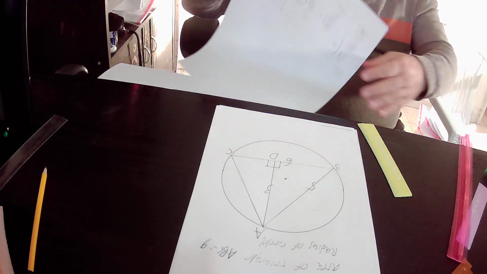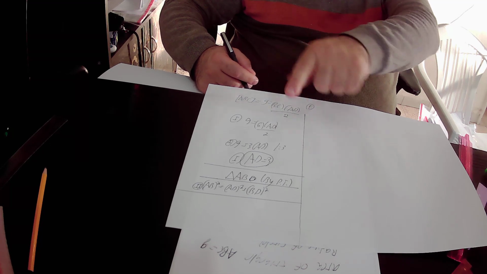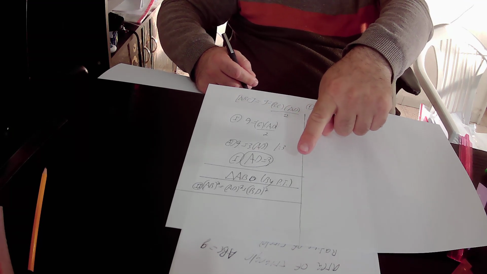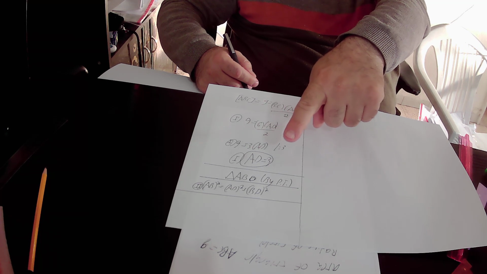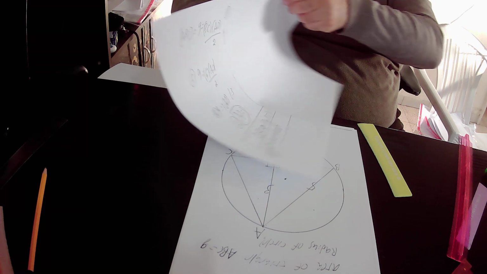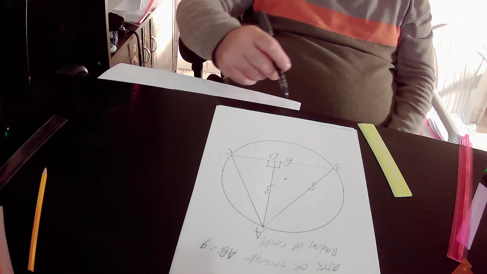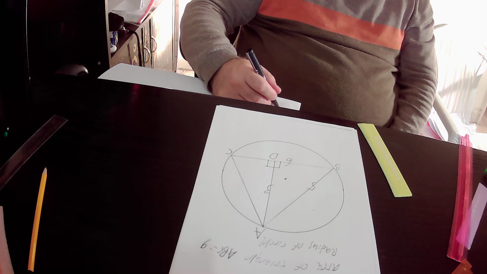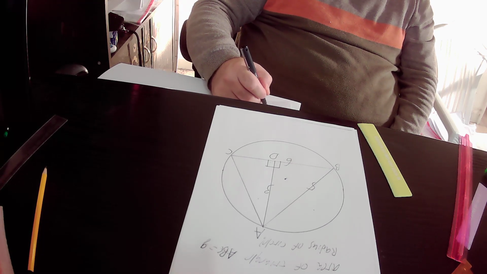I repeat again. In the right triangle ABD, according to the Pythagoras theorem, AB squared equals AD squared plus BD squared. So here AB equals 5, therefore AB squared is 5 squared, that is 25.